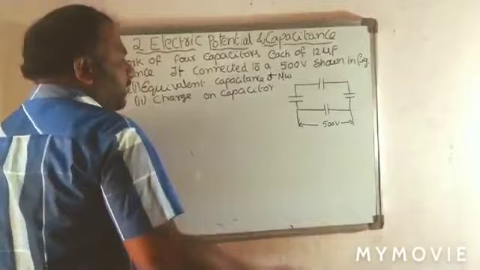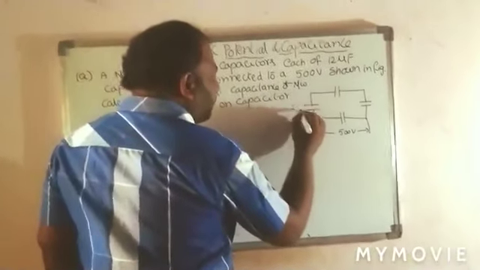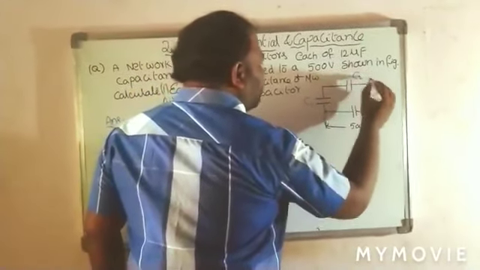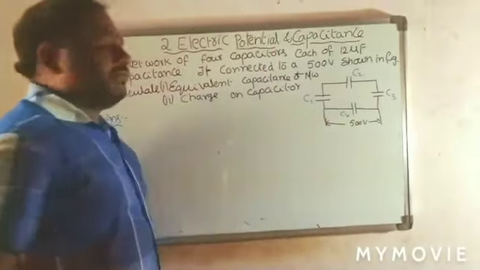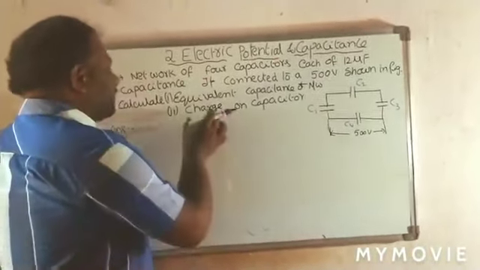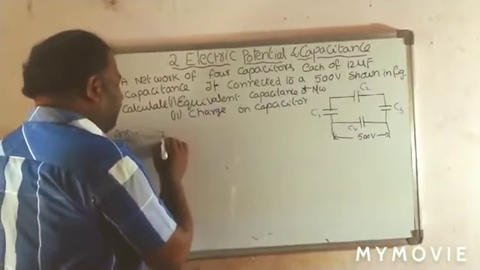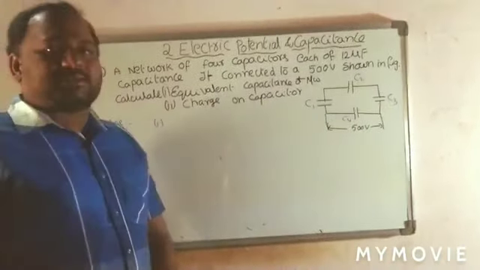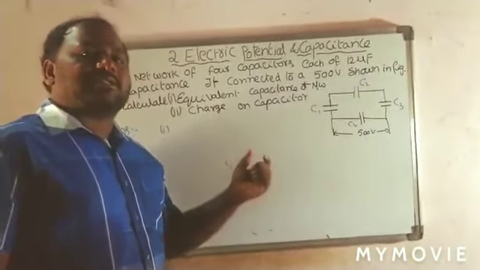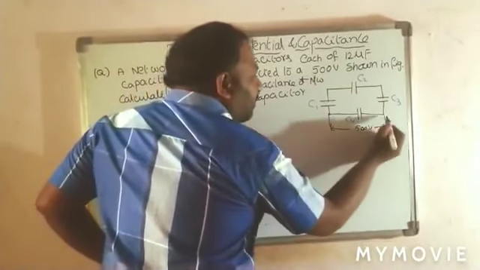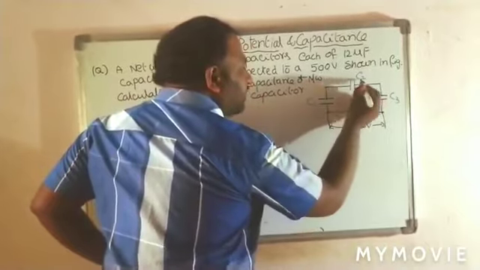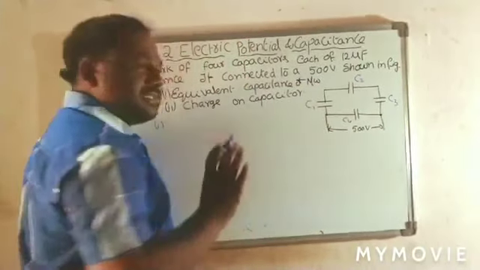Now we are going to assume C1, C2, C3, C4, a total of 4 capacitors. First we calculate the equivalent capacitance, that is, the total capacitance of the network. Observing the network, C1, C2, C3 are in series.